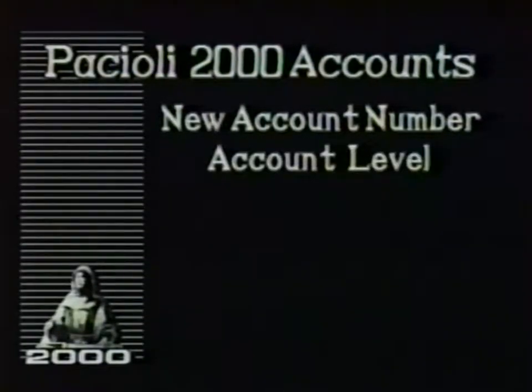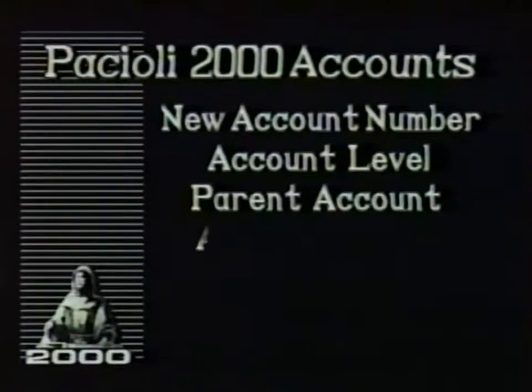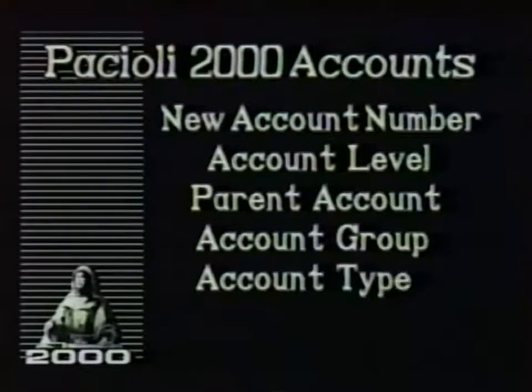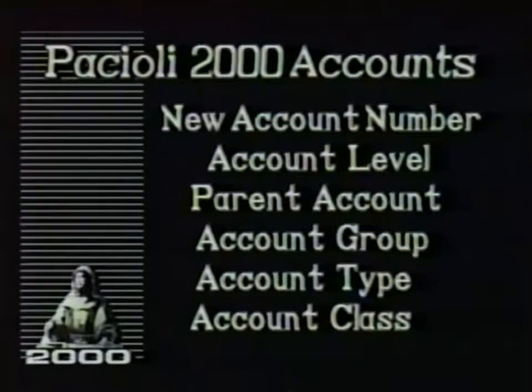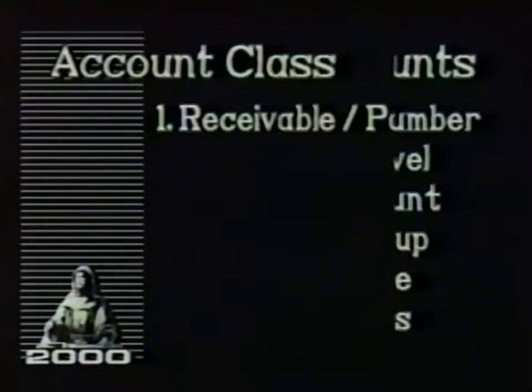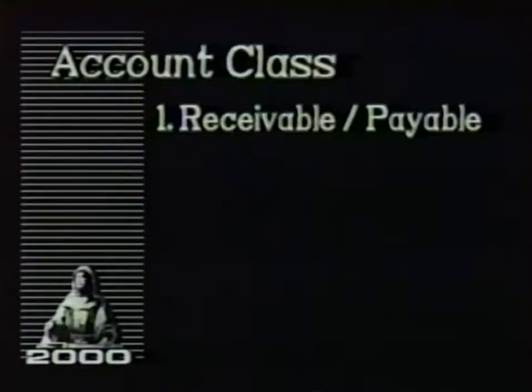When you enter new accounts in Pacioli 2000, you will be asked to enter the new account number, the account level, the parent account, the account group, the account type, and the account class. When selecting account class, you have 4 options. Receivable payable accounts are those from which you collect money or to which you pay money.